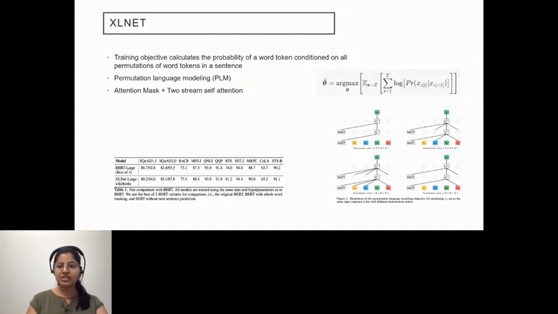Let's say you have a four-word sentence: this is just me, these are four words. This outer loop is your expectation against each of these permutations, and within each permutation you are trying to predict the probability given the words preceding it.